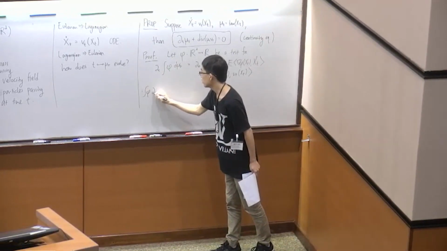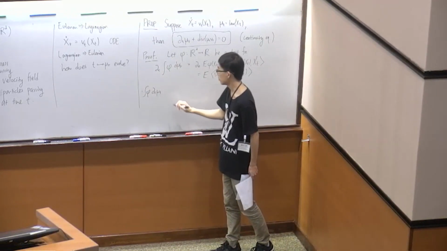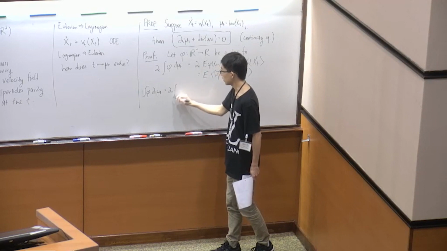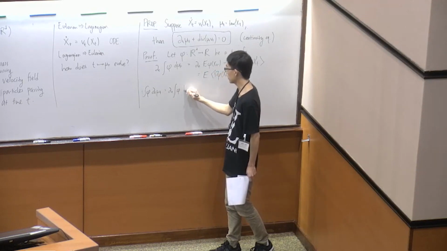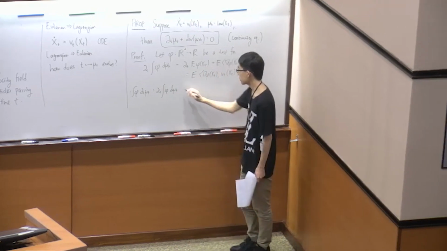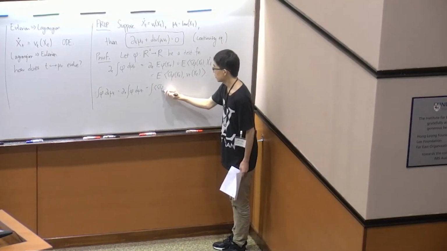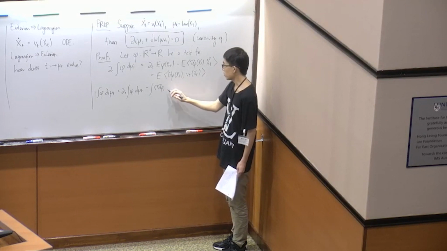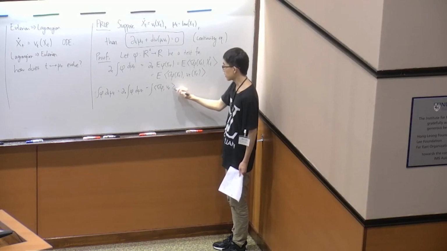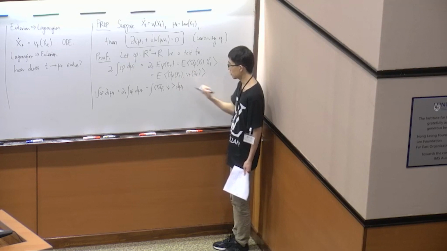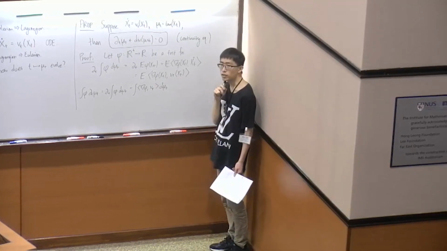So the integral of phi with respect to partial t mu t is the same thing as the time derivative of these integrals. And this shows that it's the same thing as the inner product of grad phi with the velocity vector field with respect to mu t.